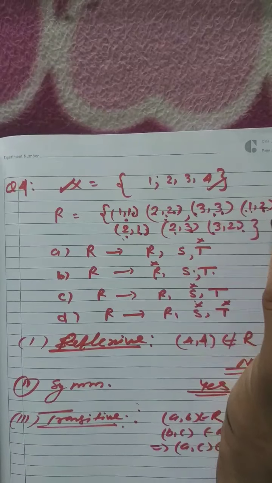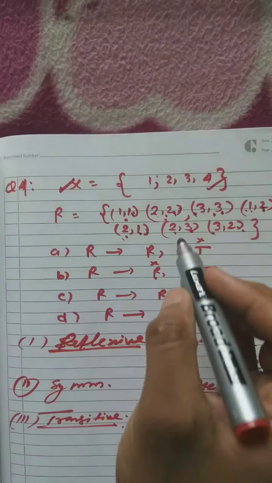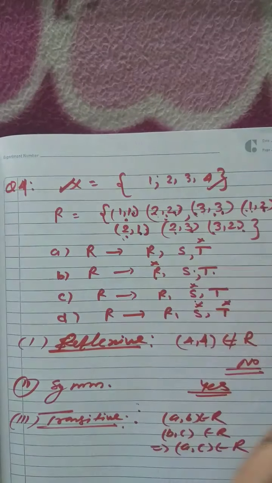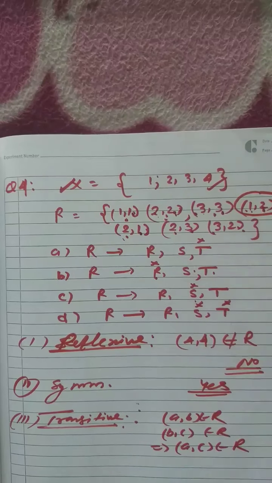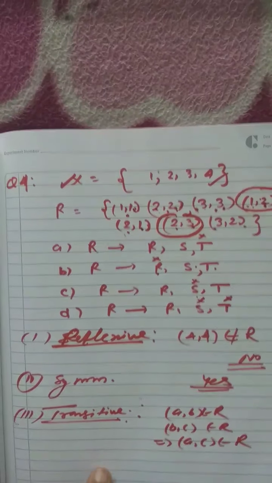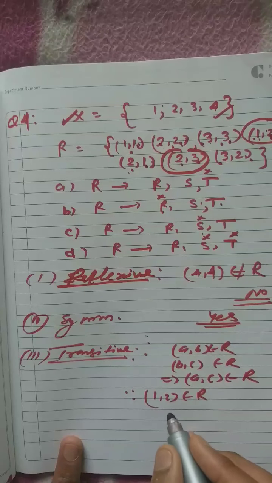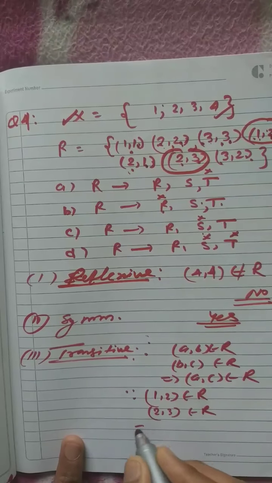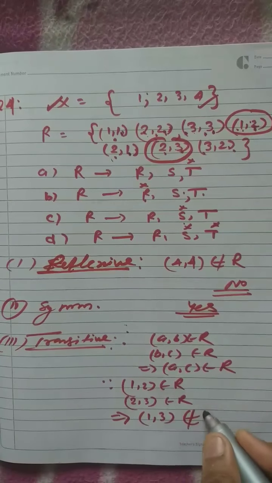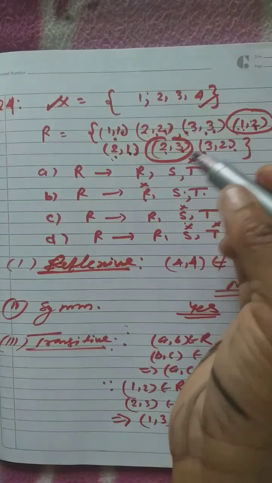Check it for (a,b) is (2,2), (b,c) is (2,1), then (a,c) (2,1) also belongs to R. Now (a,b) is (1,2), (b,c) is (2,3), but (a,c) is (1,3), which does not belong to R. Since (1,2) belongs to R and (2,3) belongs to R, but (1,3) does not belong to R, it is not transitive, because it does not satisfy the condition of transitivity.